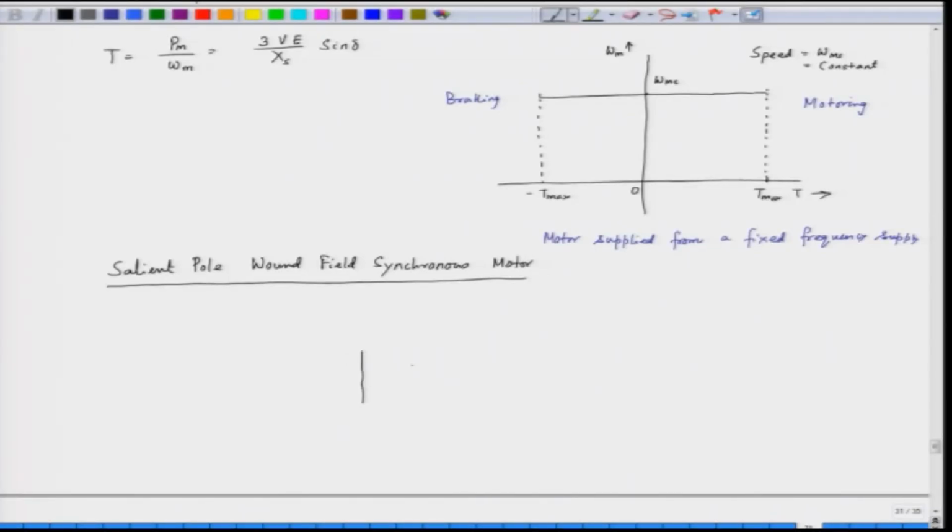We have salient poles in this case, with one d axis and one quadrature axis. So, the rotor construction is something different. We have the rotor which has salient poles here, and the stator surrounds this structure. So, we have the structure like this.